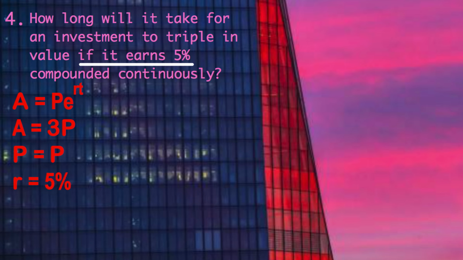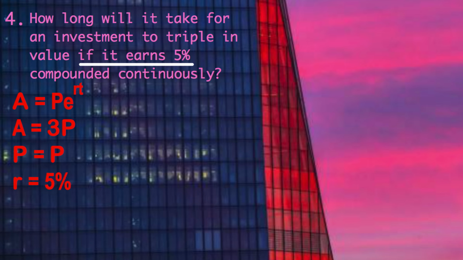Our rate is equal to 5% because it earns 5%, or 0.05 when we write it in decimal form. Time is unknown. It's the question. How long will it take?